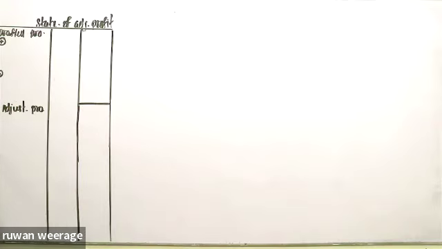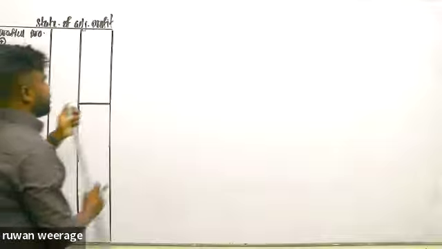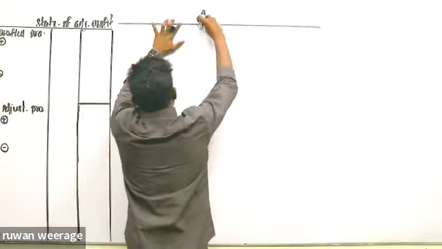Clear? Then here plus minus and you can calculate the 3 benefits. This is the appropriation, question answer number 2. Then current account and capital account.